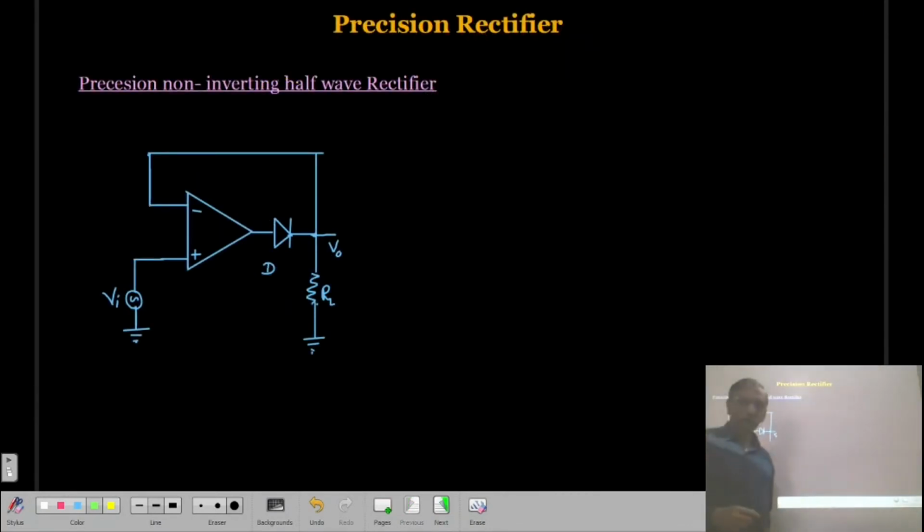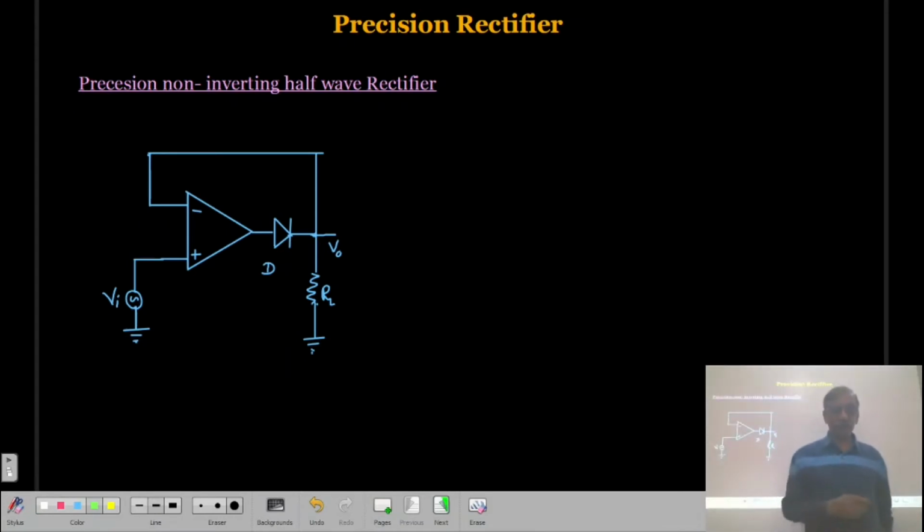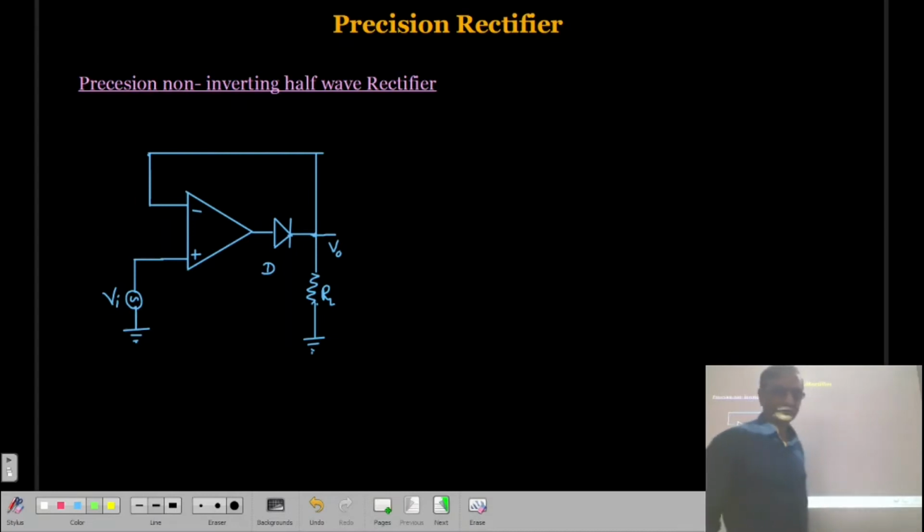Let us see a half-wave rectifier first of all and try to understand. Now look at this half-wave rectifier circuit using the operational amplifier. We have this non-inverting half-wave rectifier because our input signal is given to the non-inverting terminal of the operational amplifier, and basically the operational amplifier is a kind of follower circuit.